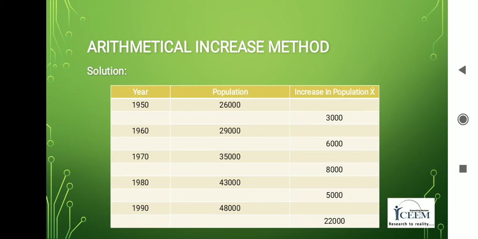Then 43,000 minus 35,000 for the decade from 1970 to 1980, that is 8,000 people increased. In the decade 1980 to 1990 it is 5,000. The total increase in population is 22,000 in 5 decades, as calculated in the given table.